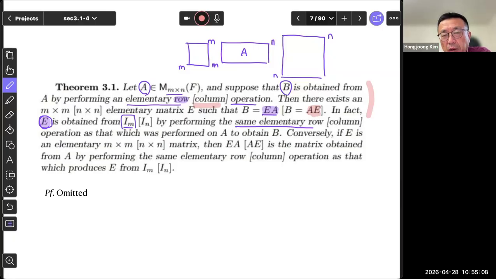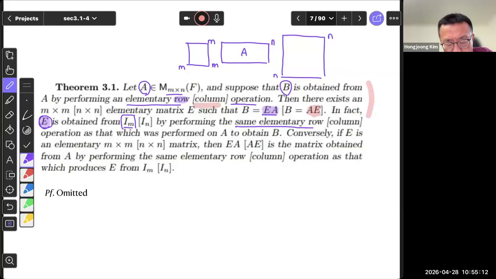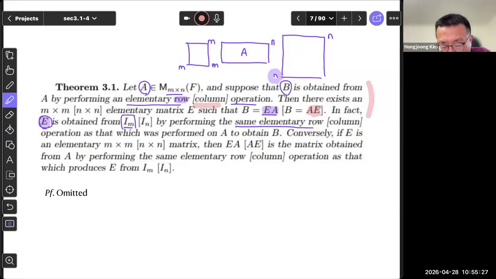If you perform a column operation, then you must multiply an elementary matrix from the right. So the matrix must be an n by n matrix. So you start with an n by n identity matrix, and then you perform certain column operation. Then resulting elementary matrix will be multiplied to the given matrix from the right.